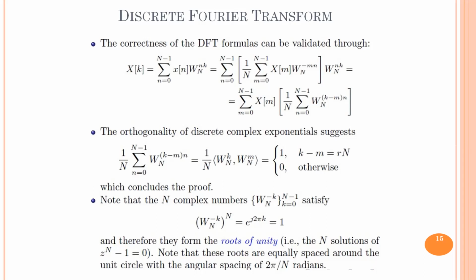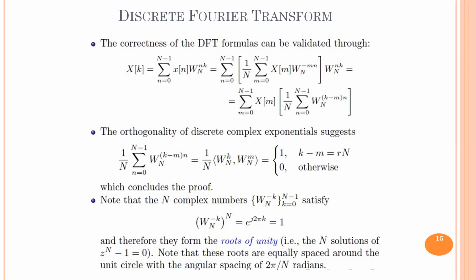So here we have one condition, omega suffix capital N, whereas k minus m into n is there. If your k minus m is equivalent to rN, we can take it as 1, or otherwise we can take it as 0.